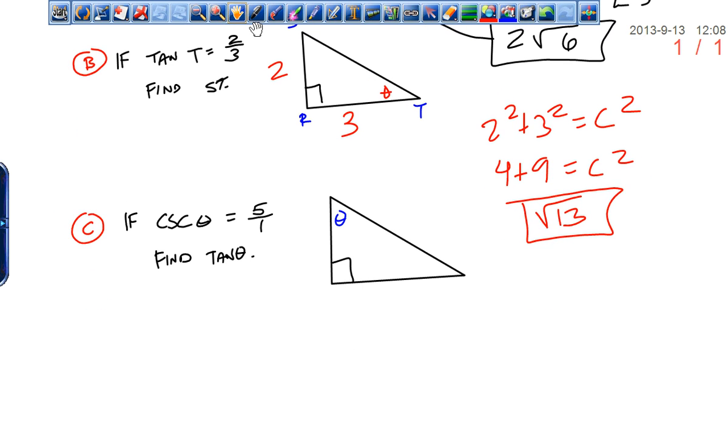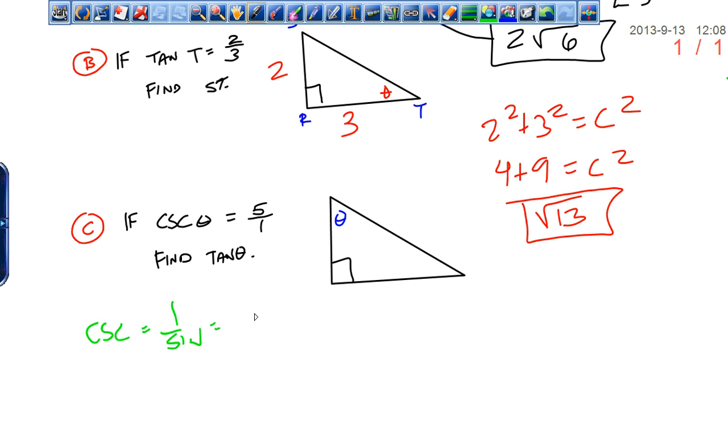All right, cosecant, almost done. Cosecant of theta is 5 over 1. Find tangent of theta. So, what is cosecant again? What are the trig functions associated with that? 1 over sine, right?